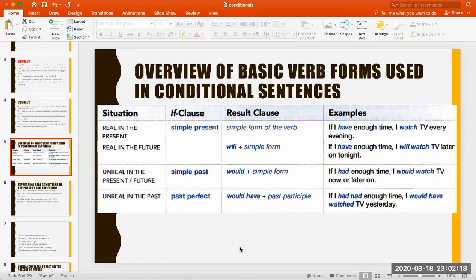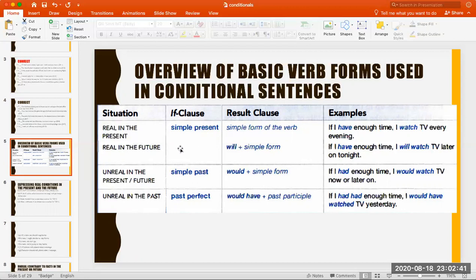Number two, the unreal present or future, when it is unlikely, almost impossible or impossible to happen, whether in the present or in the future. And then conditionals about things that finished in the past, meaning it's unreal in the past.